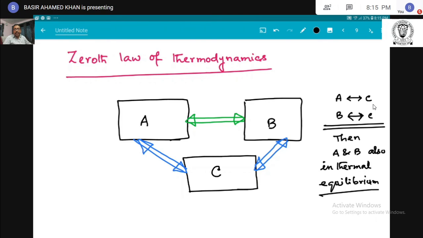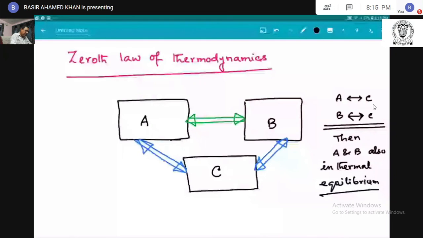Since these thermodynamic systems are in thermal equilibrium, one parameter must be the same between these systems. The parameter is called temperature. That means this law gives the concept of temperature.